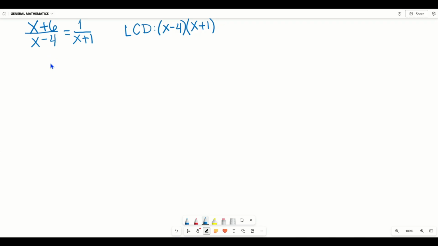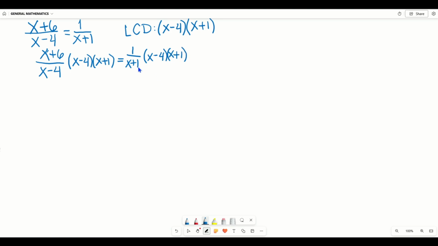So we'll have x plus 6 over x minus 4 times the LCD, which is x minus 4 times x plus 1, is equal to 1 over x plus 1 times, again, the LCD, x minus 4 times x plus 1.